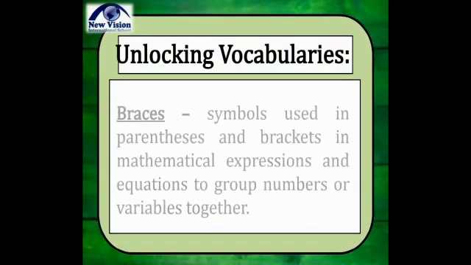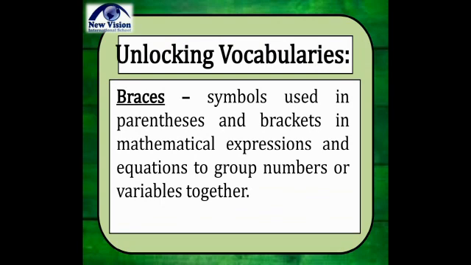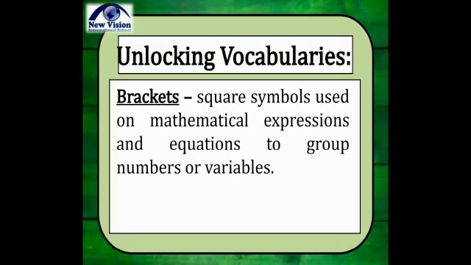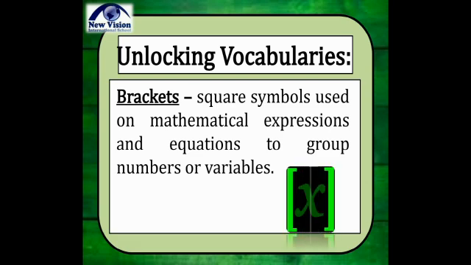Next, we have braces. Symbols used with parentheses and brackets in mathematical expressions and equations to group numbers or variables together. So here's the example of braces. Next, brackets. Square symbols used in mathematical expressions and equations to group numbers or variables. So this one is a bracket.